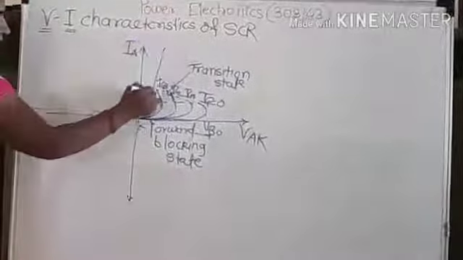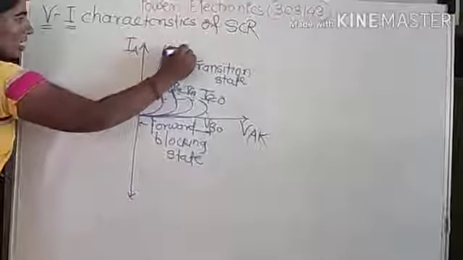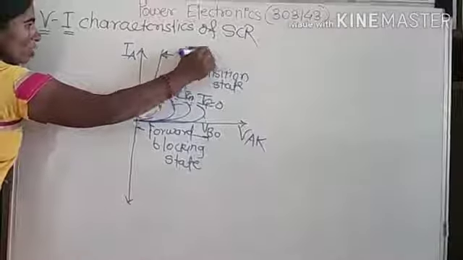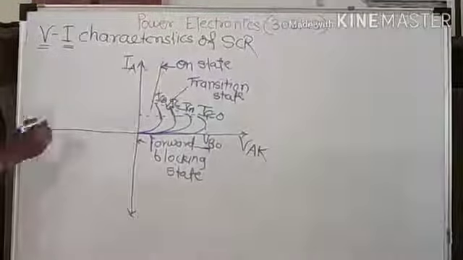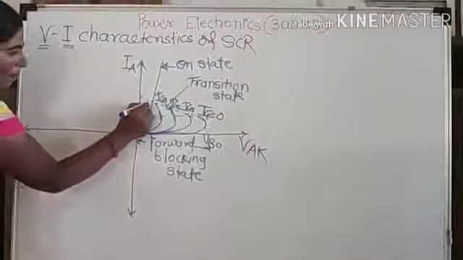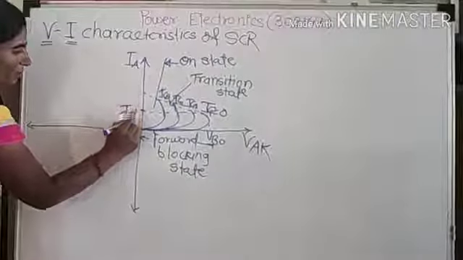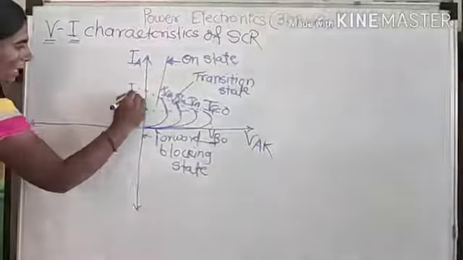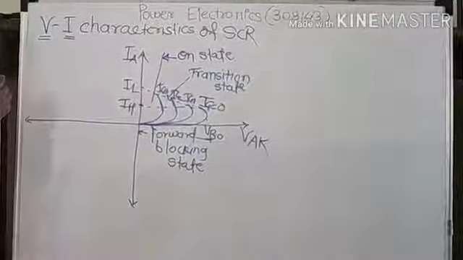And this current, which is very high, and in this case SCR is in on state, called as a on state. Now here this current is called as a holding current, and this is the latching current. Latching current is always higher than holding current.